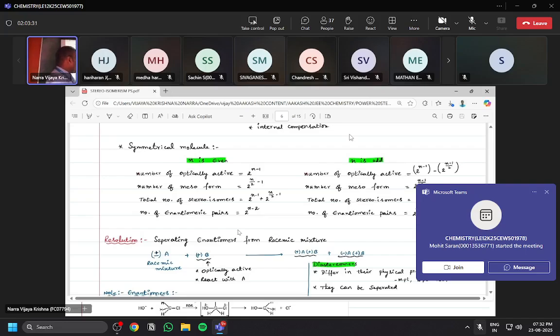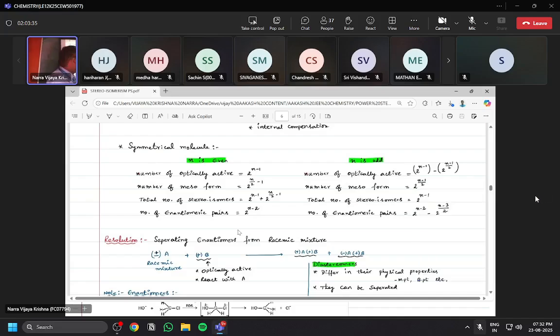If it is even, the number of optically active forms is 2 power n minus 1. Number of mesoforms is 2 power n by 2 minus 1. Totally, the stereoisomers are 2 power n minus 1 plus 2 power n by 2 minus 1. Right? If it is odd, the number of stereoisomers is exactly reverse.